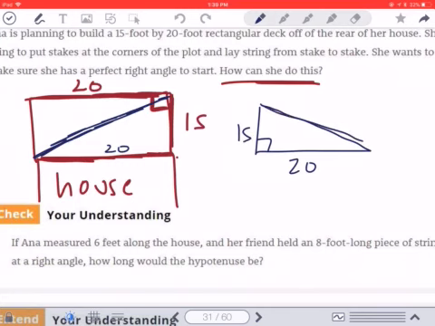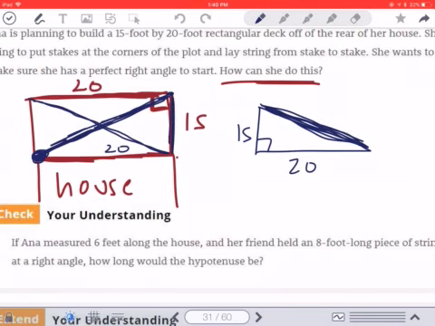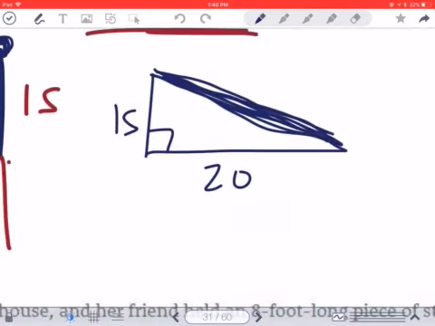If I figure out what this is, I could then cut a piece of rope or string or measure it, measuring tape, whatever it is, and I could lay that out here and lay it out here. And if I start exactly in this corner over here and lay this string out and I measure this distance, I can meet up these two edges right here, one that's 15 feet long and one that's the length of this that we're going to find out. In order to do that, we have to use the Pythagorean theorem.